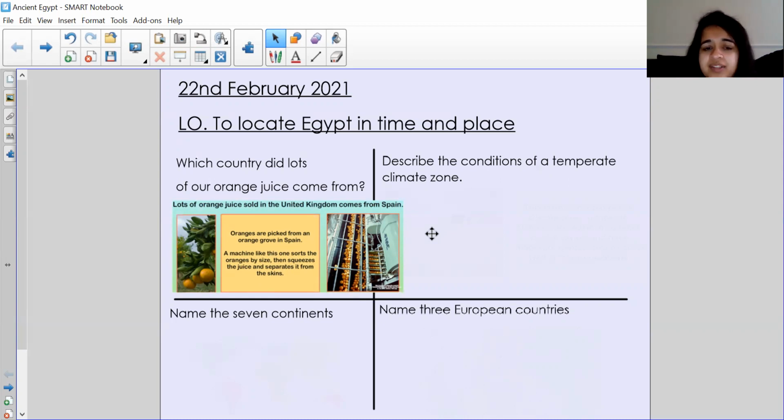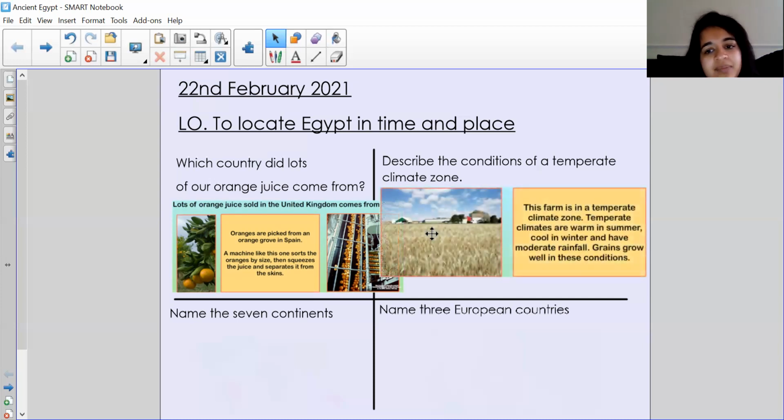Don't worry if you can't remember. As I said, this is here just to jog your memory. It's called just checking, just so that we can remind you of things that you've already learned so you don't forget. So, just checking your geography, the conditions of a temperate climate zone. Temperate climates are warm in summer, cool in winter, and have moderate rainfall.